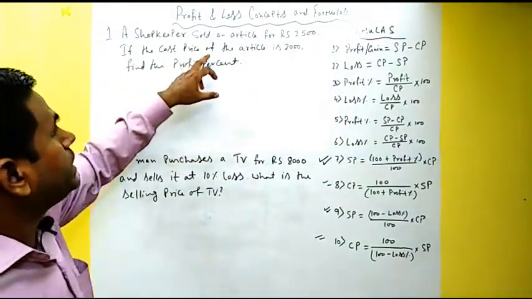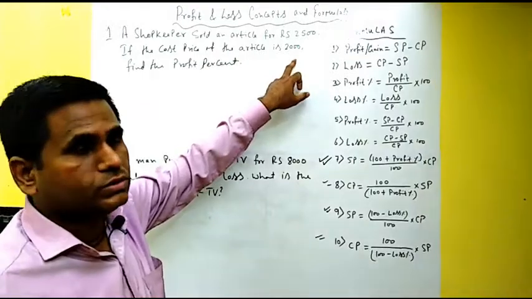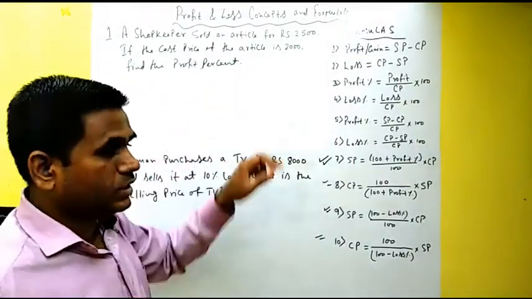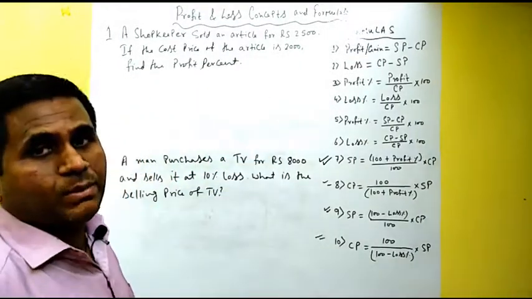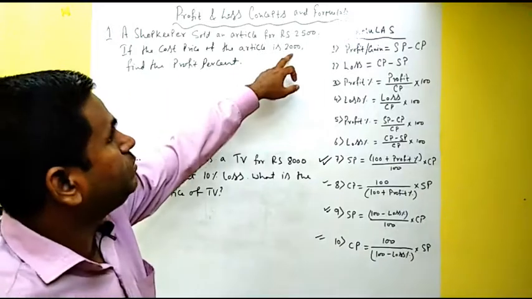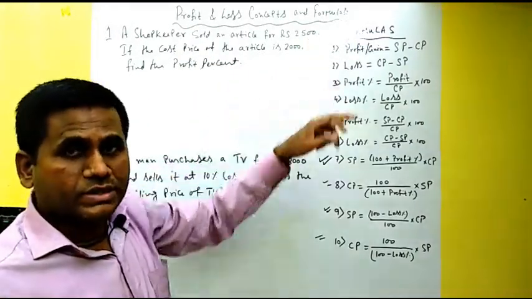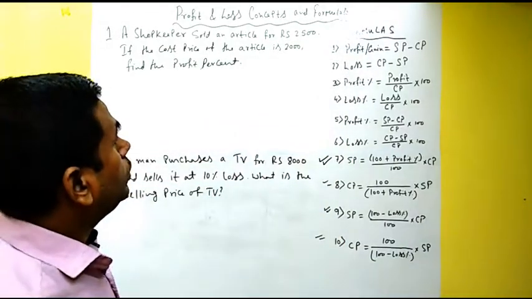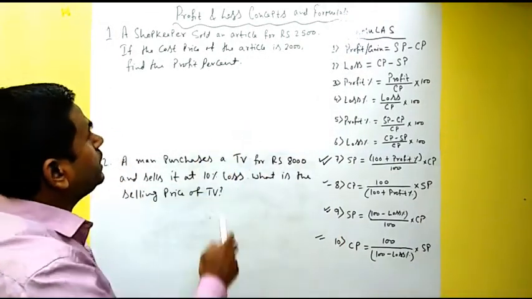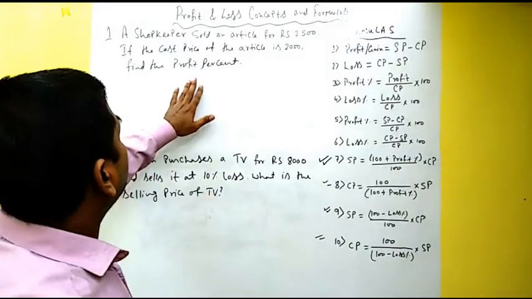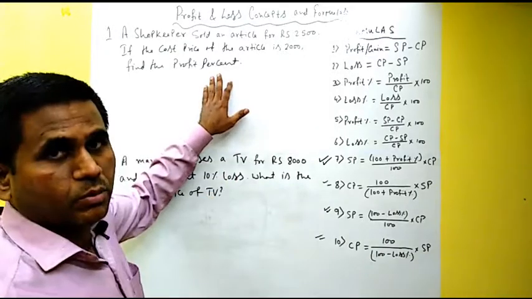If the cost price of the article is 2000, find the profit percent. So very clearly we can make out here, cost price CP is 2000 and selling price is 2500. That means selling price is higher, so the shopkeeper has made a profit over here, but it is asking me to calculate the profit percentage.